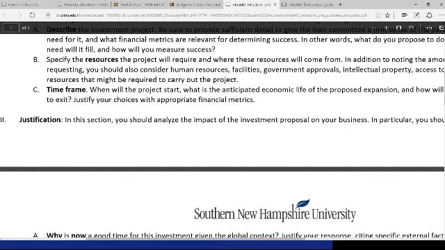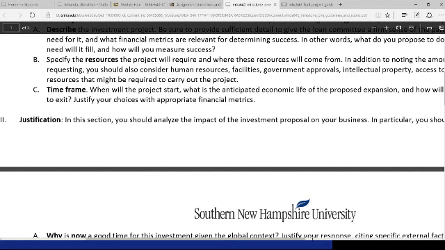Okay. If the ratios are not good, if the operation is sluggish and we can't justify being there anymore, justify those choices with the appropriate financial metrics. These are going to be very important to do so.